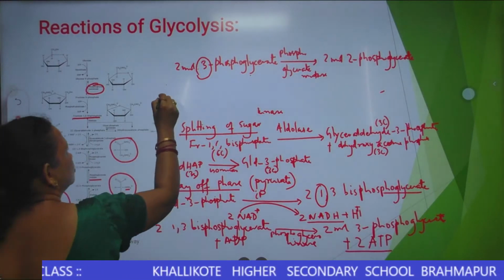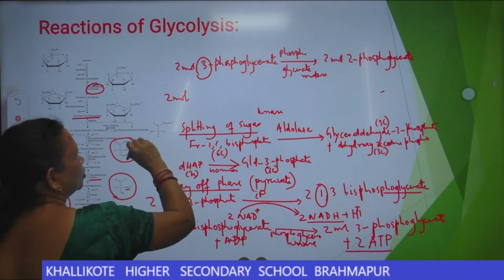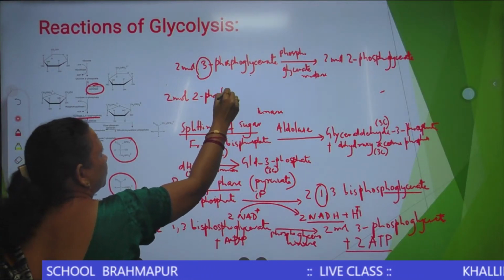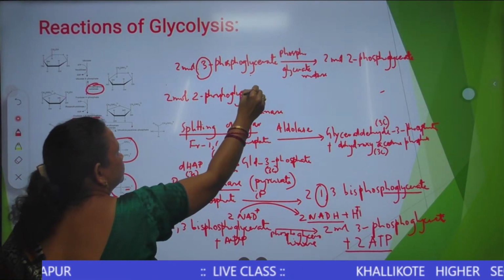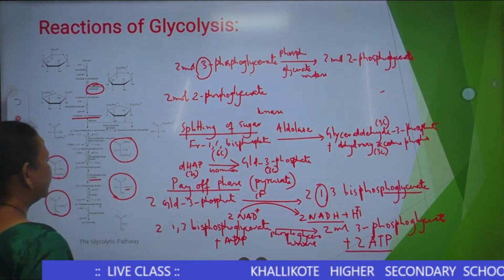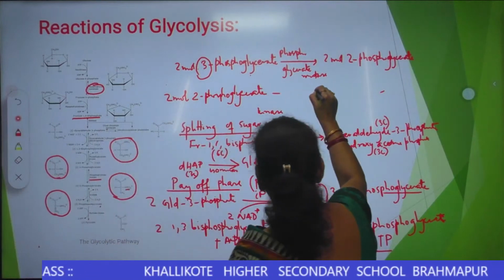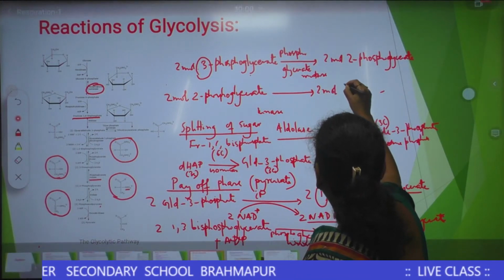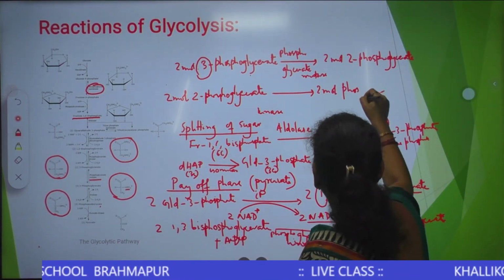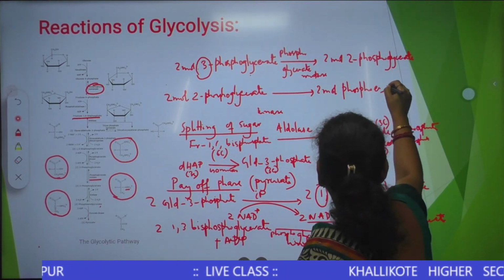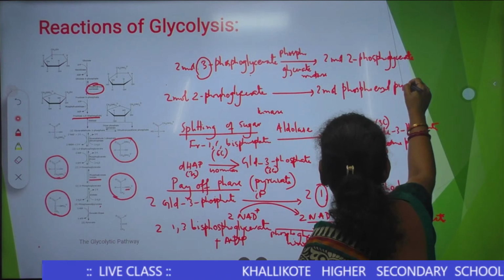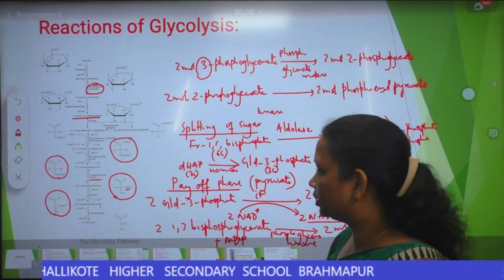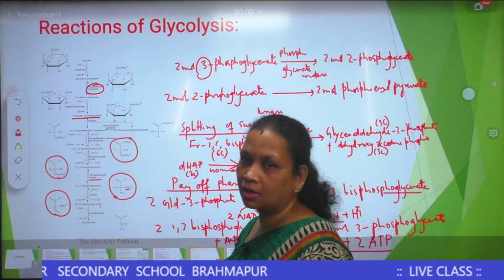So, the next step is 2 molecules of 2-phosphoglycerate getting converted into 2 molecules of phosphoenol pyruvate.